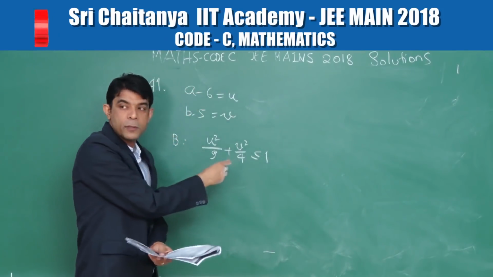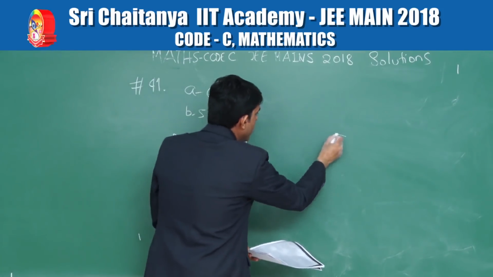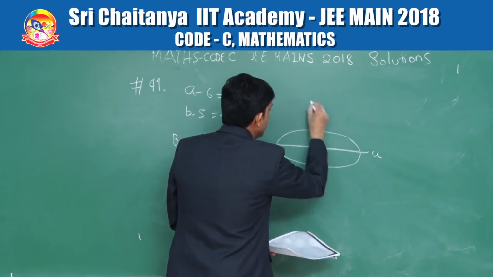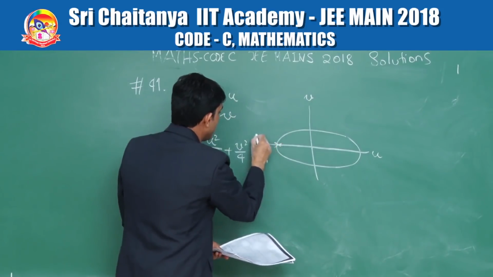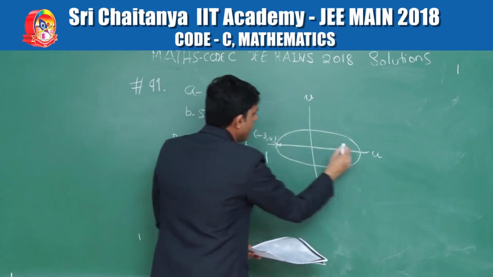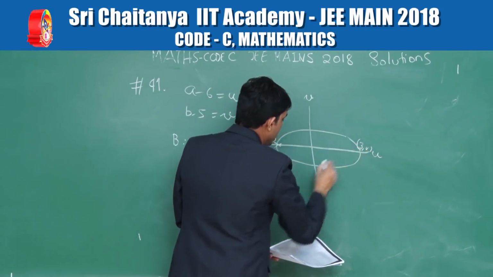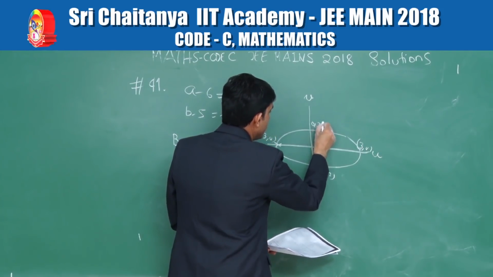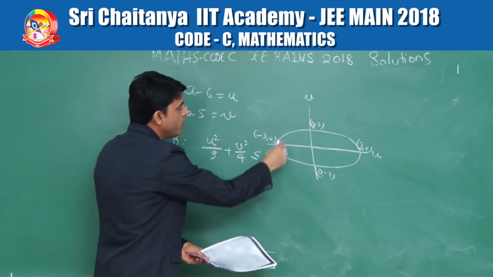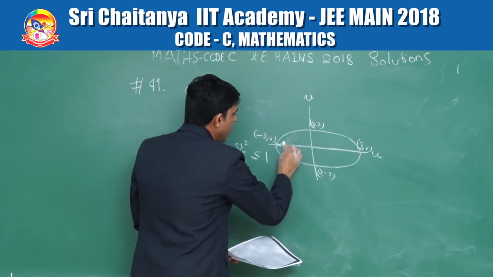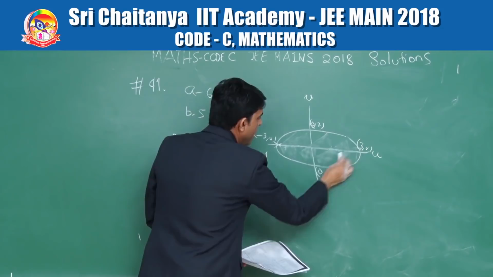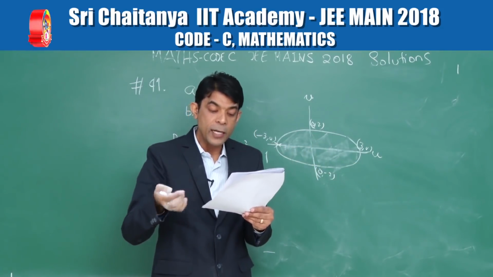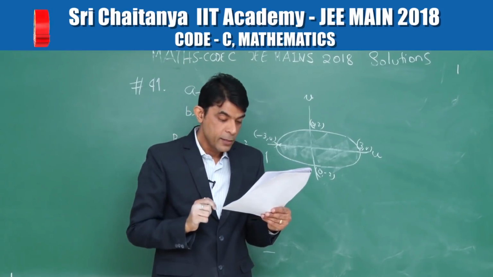That's an ellipse in the UV plane, which we can plot: this is U, this is V, so that's minus 3 comma 0, that's 3 comma 0, this is 0 comma minus 2, and that is 0 comma 2. That's our B. So our B is the set of all points that are interior to the ellipse or on the boundary.